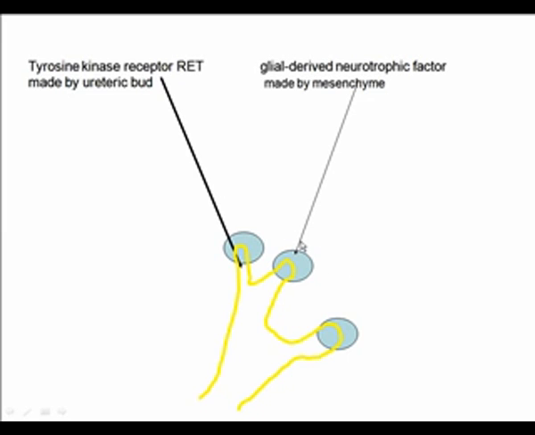In addition, we're going to have other factors such as receptors on the ureteric bud tissue, the tyrosine kinase receptor RET, and also there are going to be factors made by the mesenchyme such as glial-derived neurotrophic factor, and we're going to see an interaction of these factors which also will cause the induction of the ureteric bud.